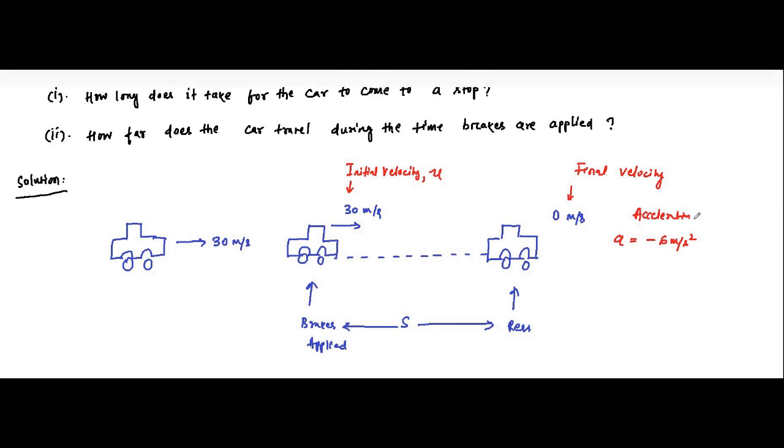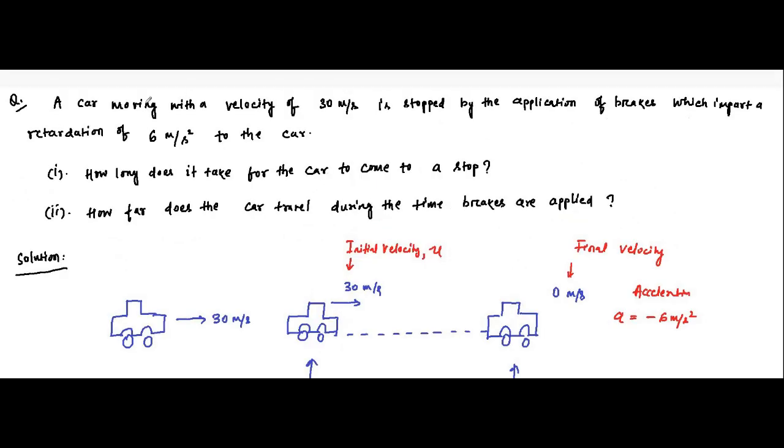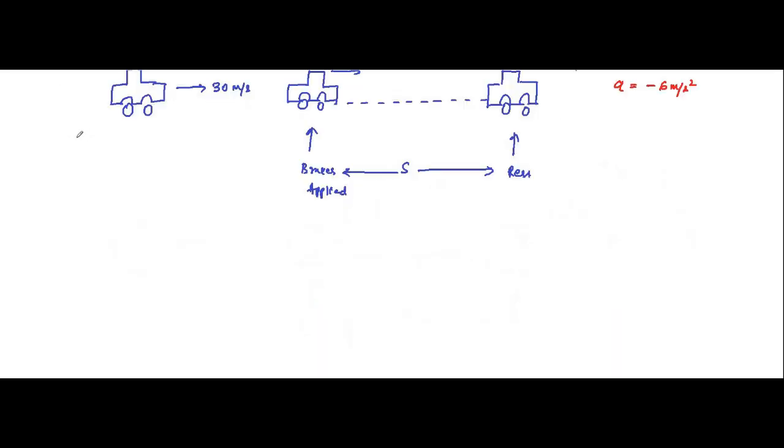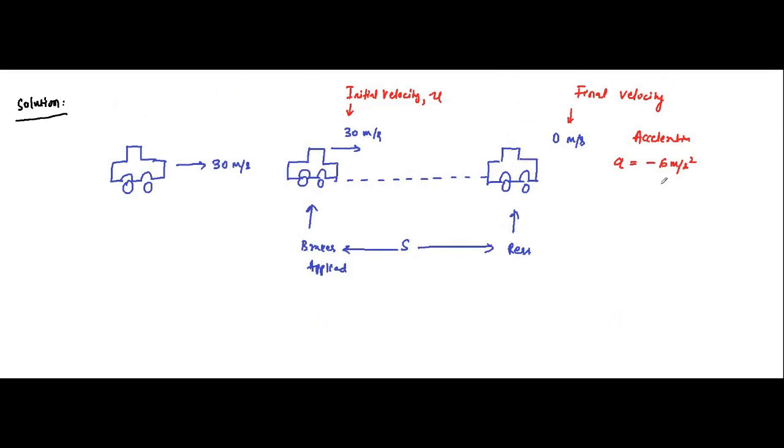Because here it is given that it is offering a retardation because of the application of brakes. Retardation or deceleration means this. Negative acceleration is deceleration or retardation, so a is equal to minus 6 meters per second square. If it were acceleration, then it would have been plus.